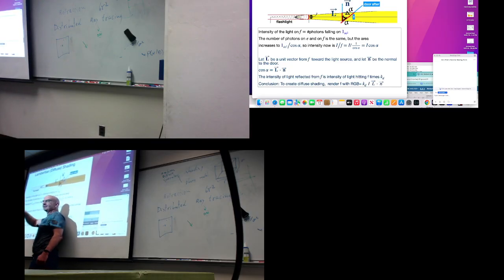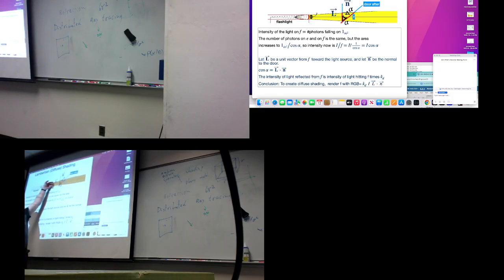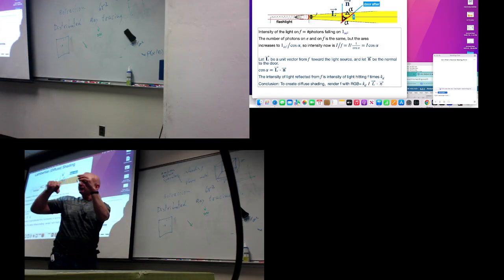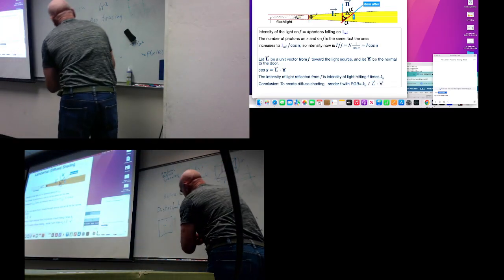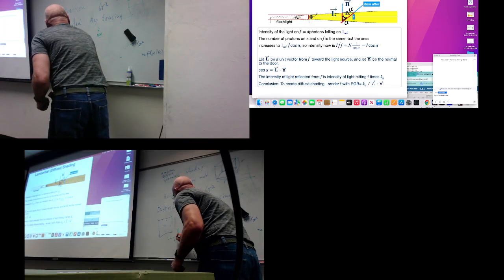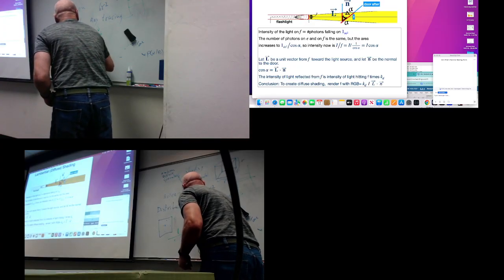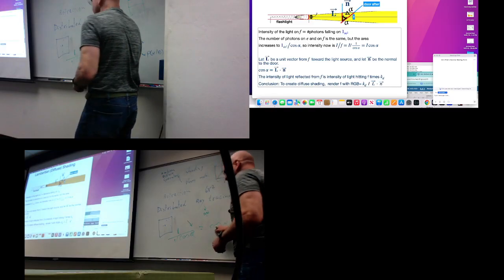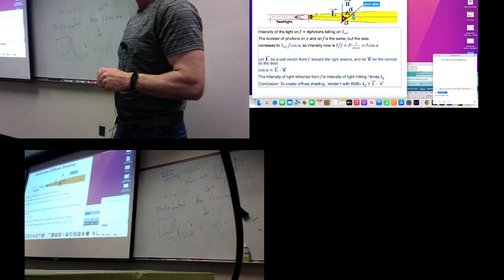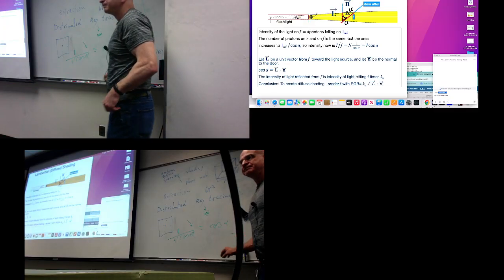So we have 1 over cosine alpha, but now the same amount of photons are hitting not the normal direction, but a different direction. So the same amount of photons are divided by 1 over cosine alpha, so multiplied by cosine alpha. So that's how much the intensity changes as the effect of the diffuse.